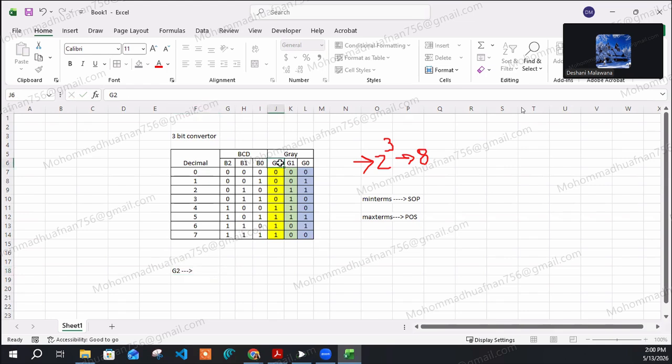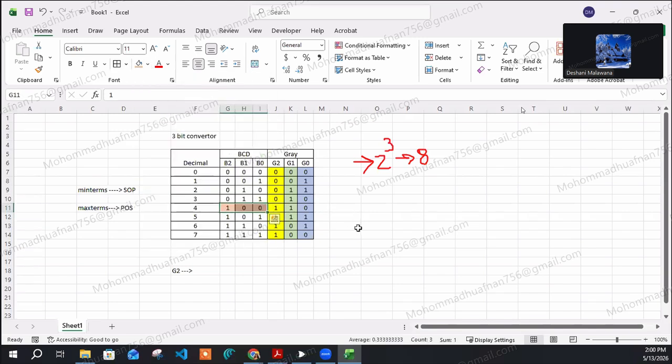So G2 is this one, right? So we are going to consider this one, G2. So you can see 4 ones are available. So we'll remove this one to here. Otherwise it is a disturbance for us. Okay. So here you can see 1, here 1. So we are considering this one. So I will put it in this color.